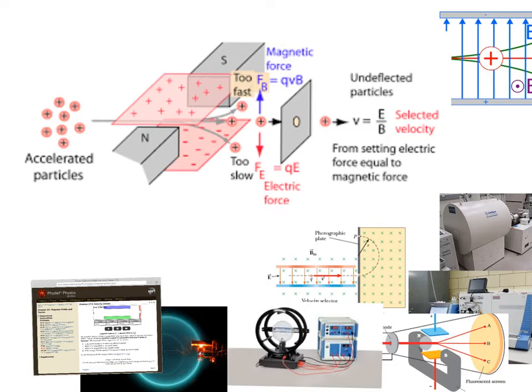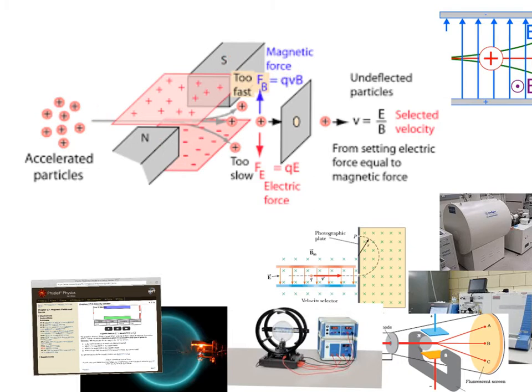And so the magnetic force and the electric force may or may not be equal. Once we set the plate voltage and the distance, we have a magnetic field and the charge, so this force is fixed. But this force depends not only on the magnetic field and the charge, but the velocity.